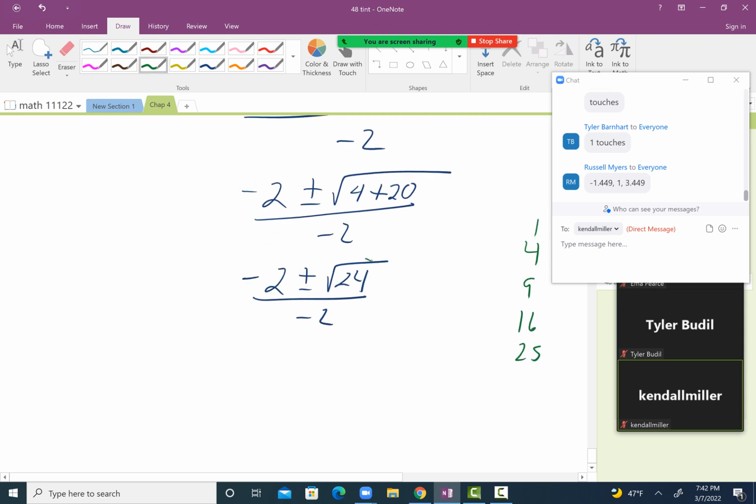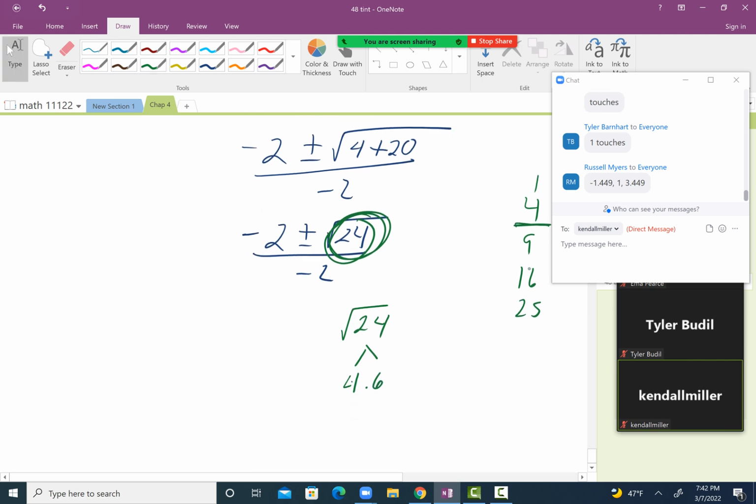So I'm going to take this 24 and rewrite it in terms of 4, because it's a perfect square, and 6. 4 times 6 is 24. I always want a perfect square, because now I can take the square root of that, and the square root of 24 becomes 2 root 6.